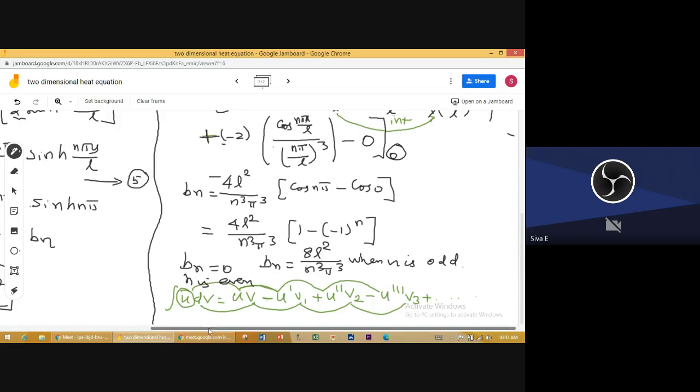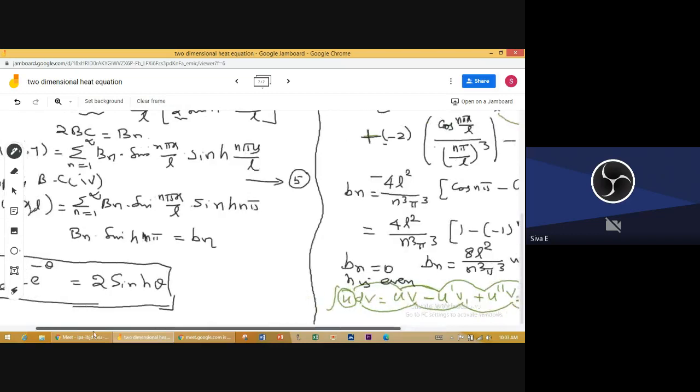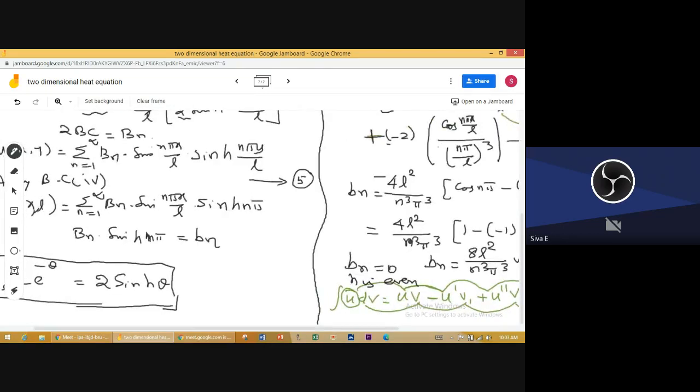But we need that an value. Sorry, not an, bn value. Bn sinh n pi is small bn. So here we are finding small bn, but we record that as capital B.